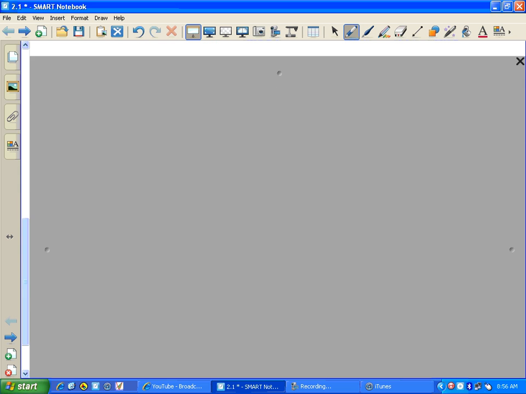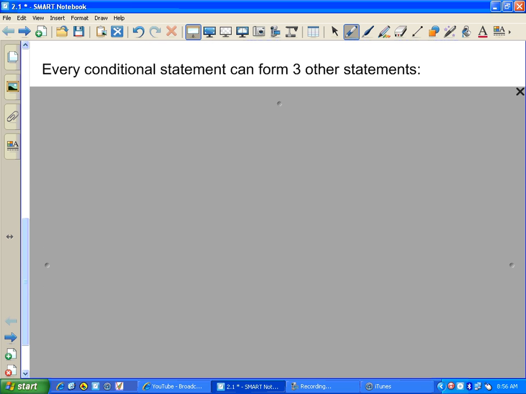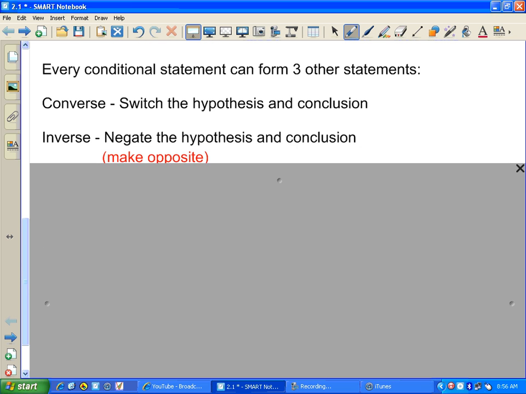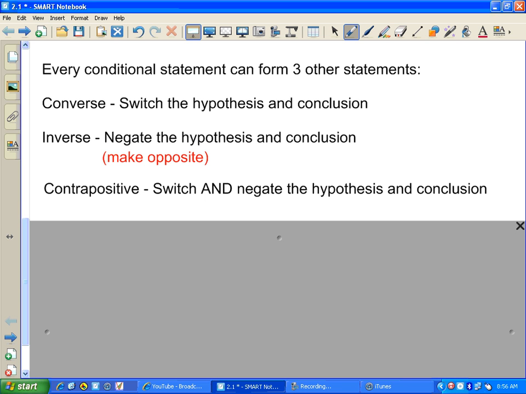So next thing we're going to do with these conditional statements is we're going to get 3 other forms of statements. Okay, so here they are. We take the converse, which is when you switch your hypothesis and conclusion to get a new if-then statement. So all these statements are always going to start with if. There's going to be a then in the middle. But we're just switching the way we say what we started with.